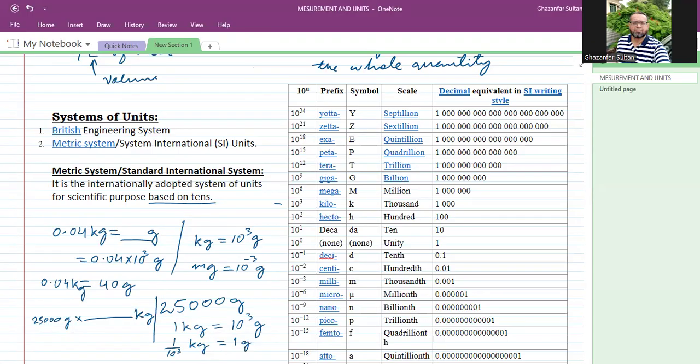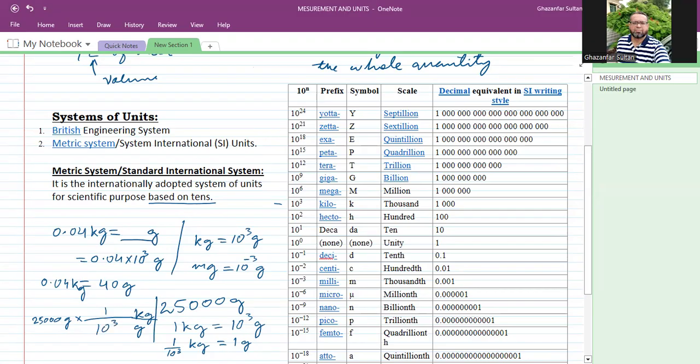So you need kilogram in the numerator, and gram must be in the denominator. So 1 kilogram is equal to 10 raised to power 3 or the 1,000 gram.